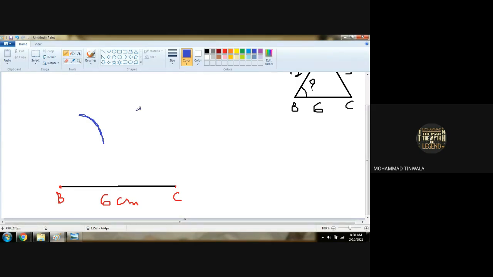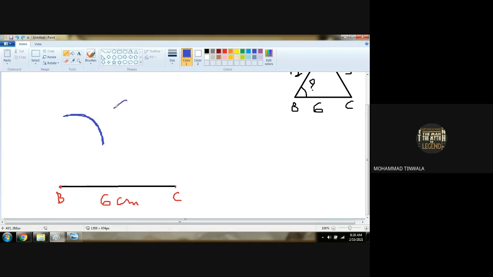Let me tell you one thing. Sometimes it happens that your construction comes like this, where the arcs do not join. Sir, now it is not joining, what should we do? But it cannot be that it does not join. You have to draw an arc bigger, either make it bigger from here, or enlarge the construction. Arc should be done in such a way that it should intersect with each other.